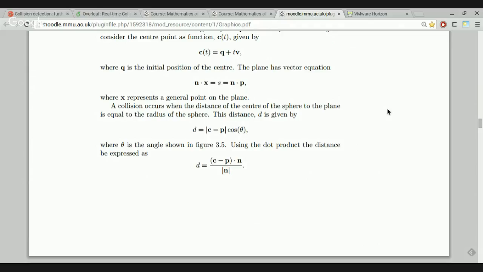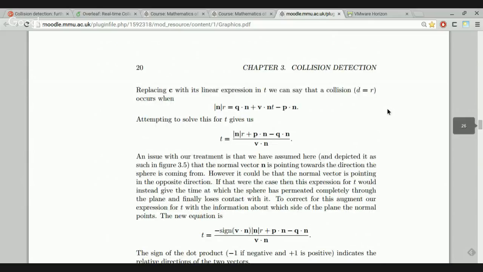So we get this expression for the distance D: C minus P dot N divided by the magnitude of N. The magnitude of N comes in there from the dot product, so when we divide out, we lose it. We just have the magnitude of C minus P times the cosine of the angle between the vectors, which is the cosine of theta that we need. So we got our D.